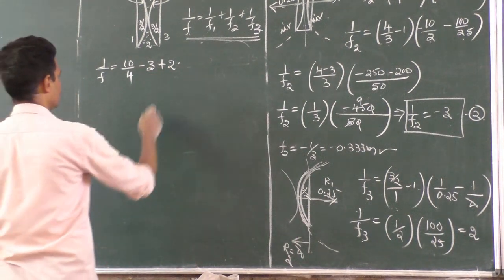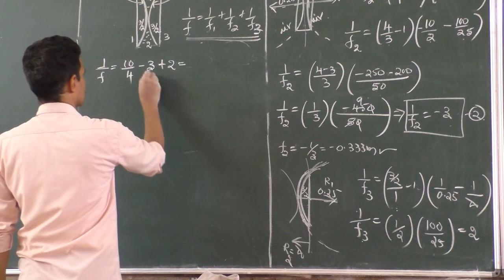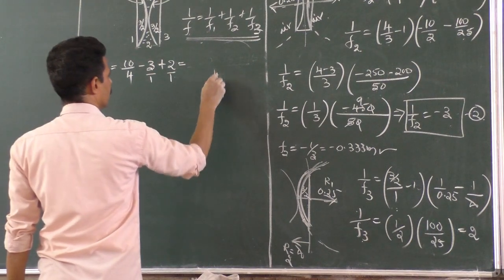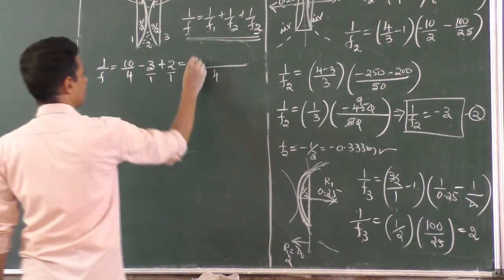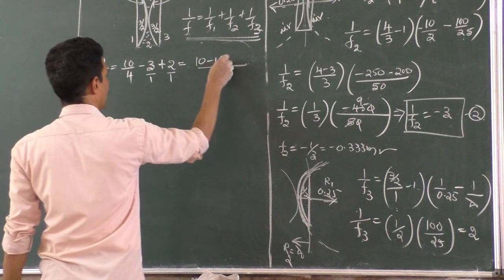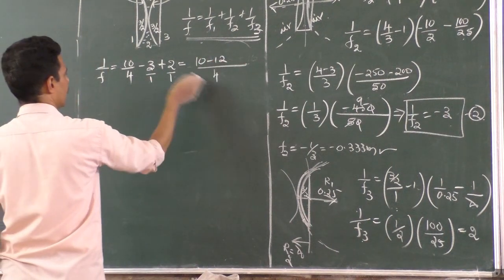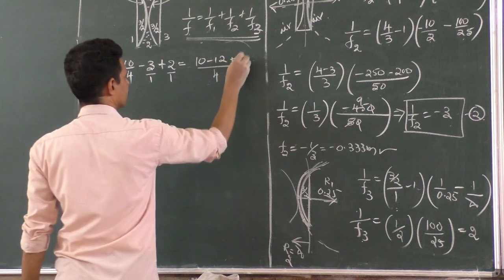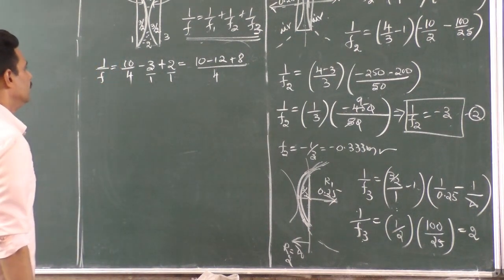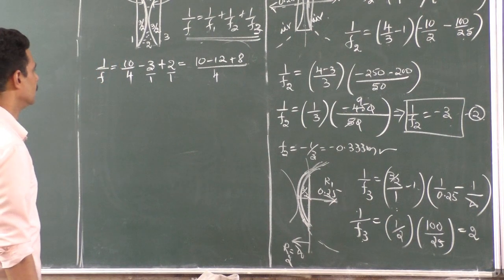So what is the answer of this one? Shall we take 4 as common denominator? This is 10, this is minus 12, and plus 8. 10, 12, 8.